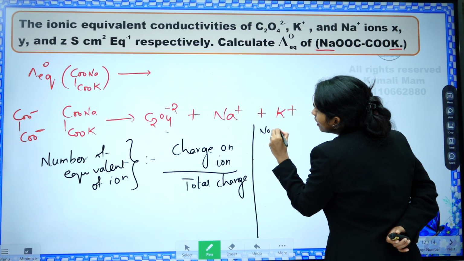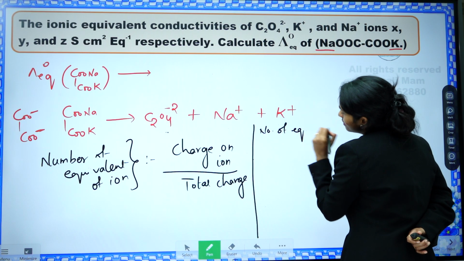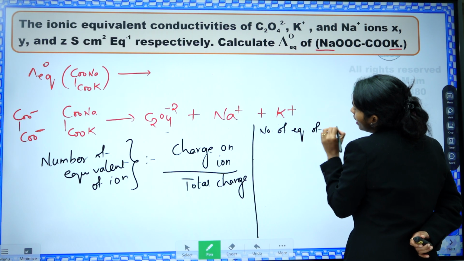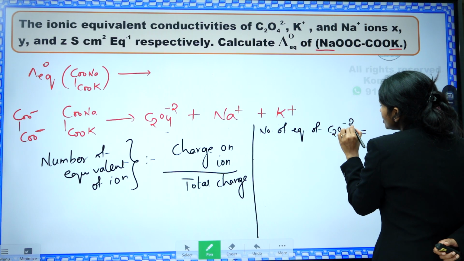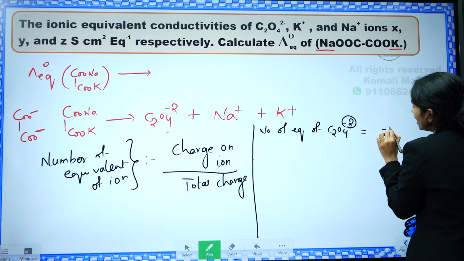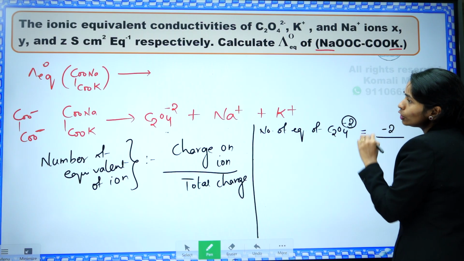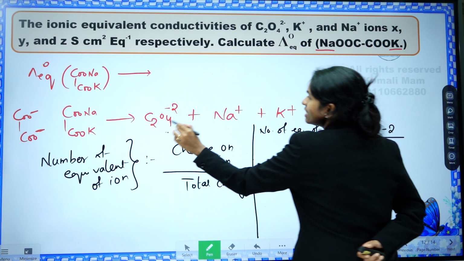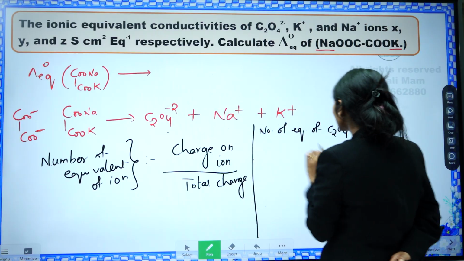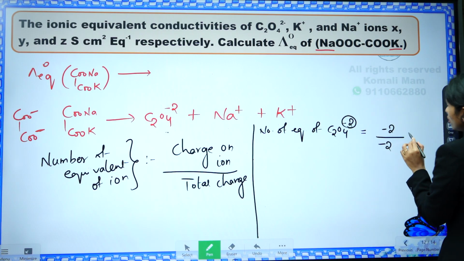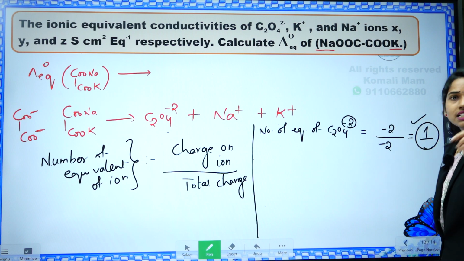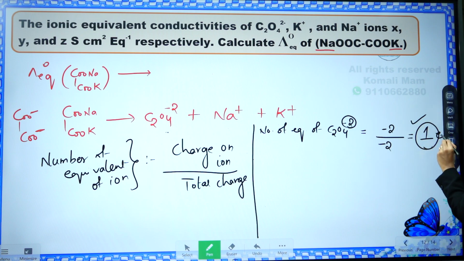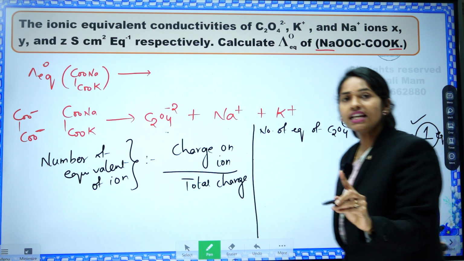How many equivalents of oxalate? What is the charge on this oxalate? Minus 2. What is the total charge of the anions? Only one oxalate ion is there, so the total charge is also minus 2. So the number of equivalents is 1, one equivalent of oxalate ion.